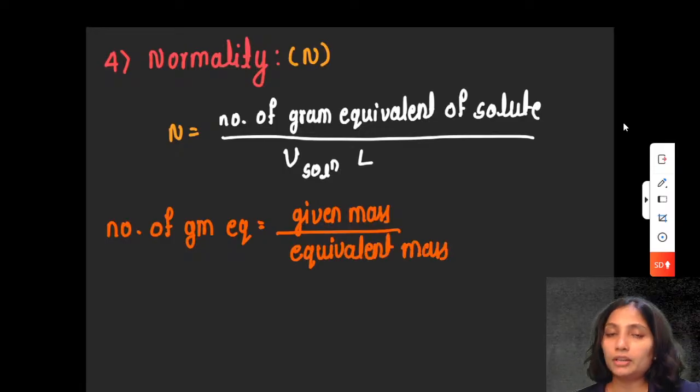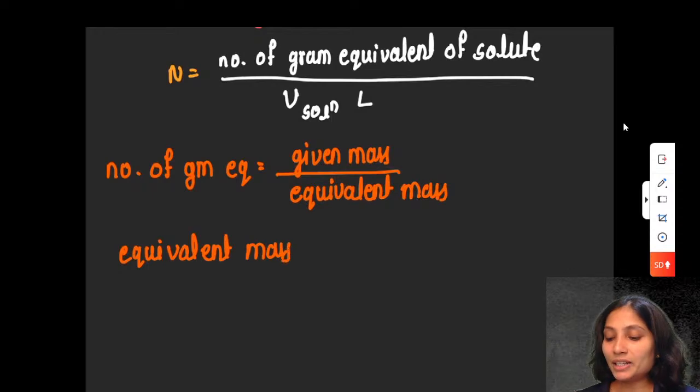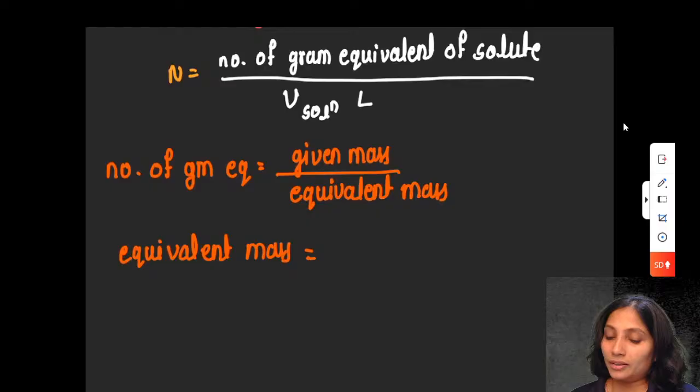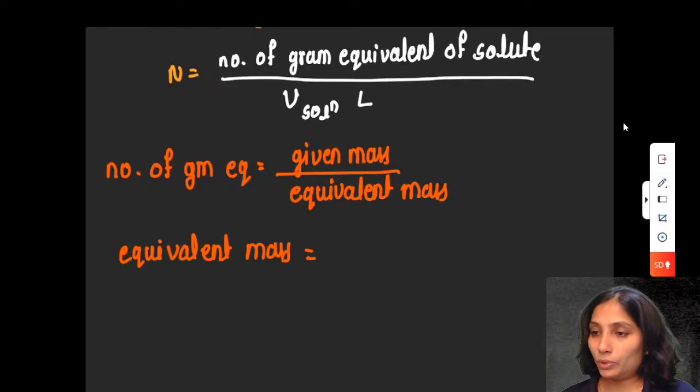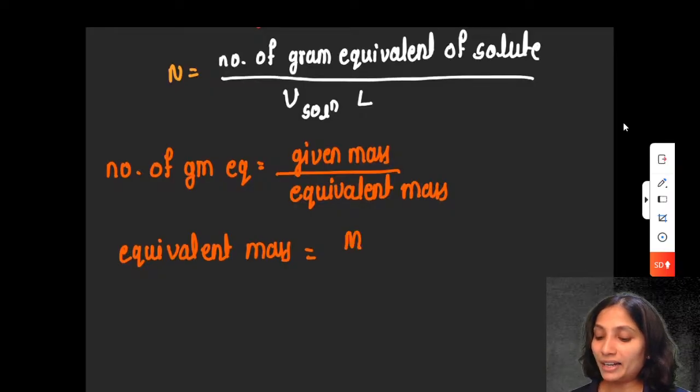Here one more thing comes, equivalent mass. How to calculate equivalent mass? Equivalent mass is equal to molecular mass divided by n factor.